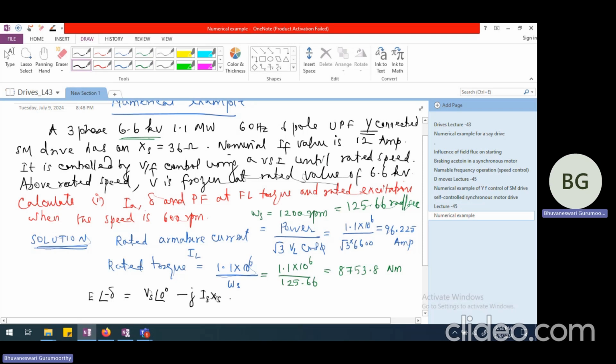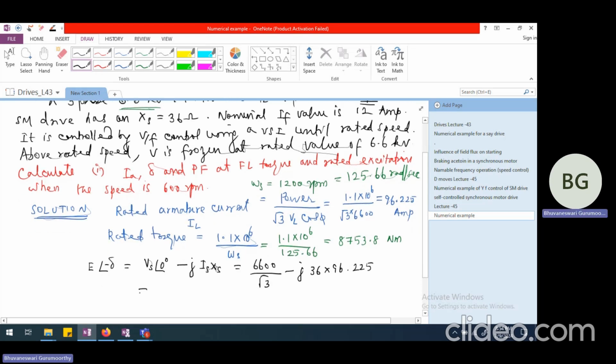And it is unity power factor, so Is angle 0. So we can calculate here E angle minus delta will be equal to 6,600 divided by root 3 minus J times 36 multiplied by 96.225.